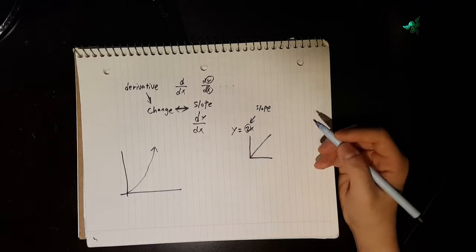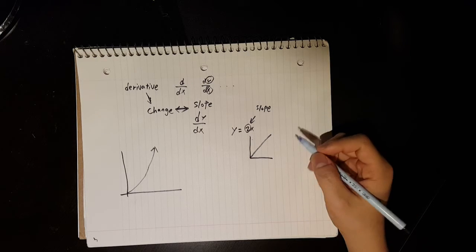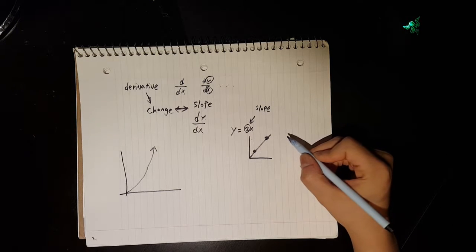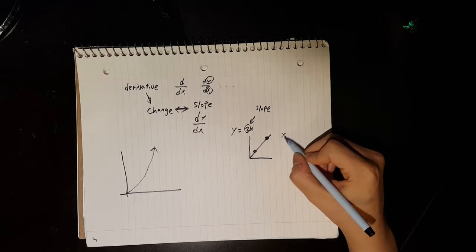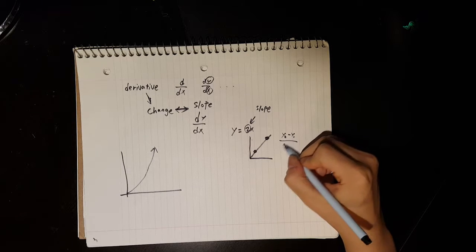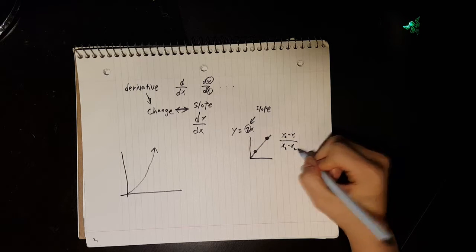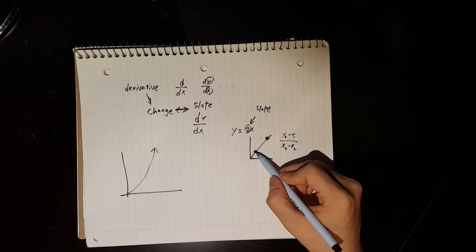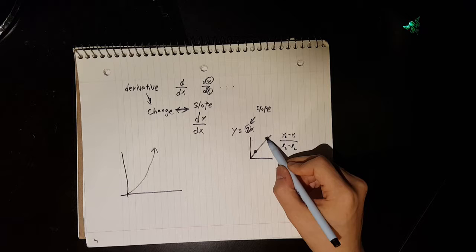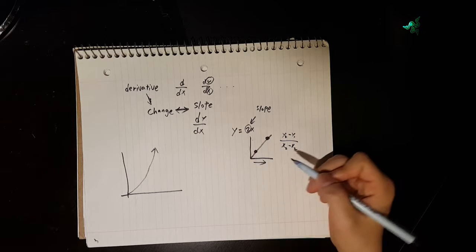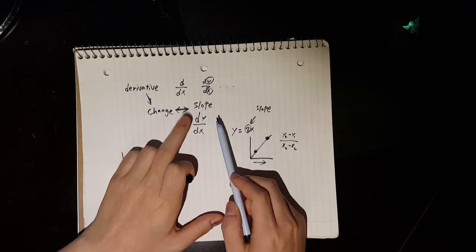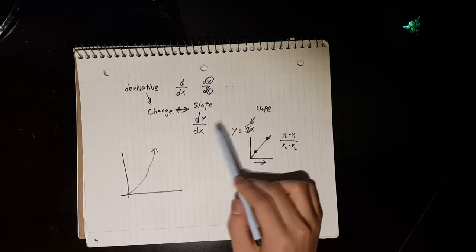It's just a line, and this is all algebra: (y2 - y1) over (x2 - x1) gives you the slope. It's the rate of change of y as the graph moves along the x-axis. That's what it means by change of y in terms of x, or dy/dx.